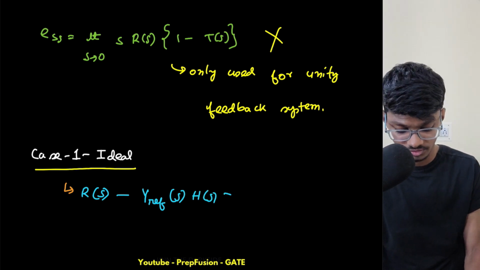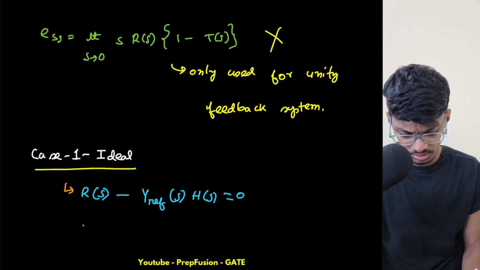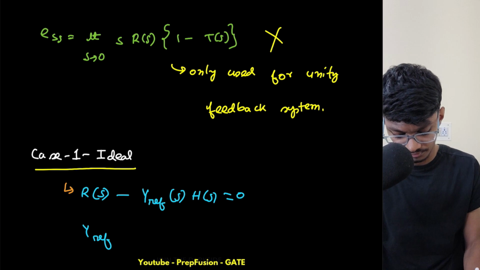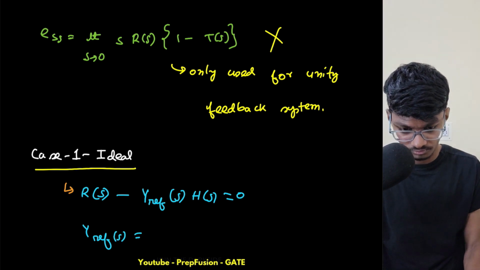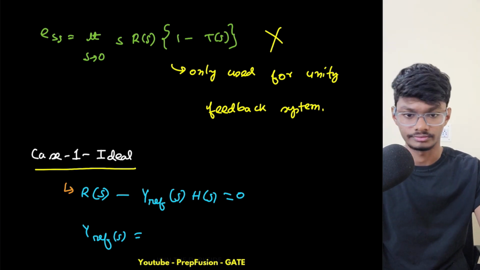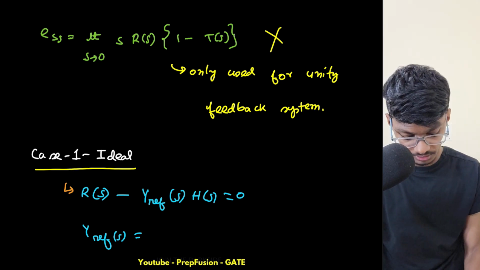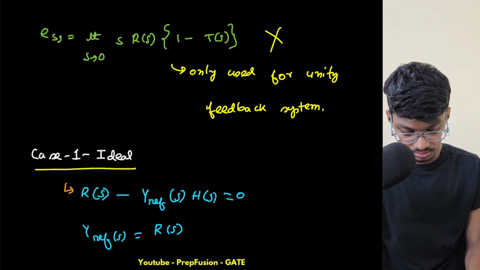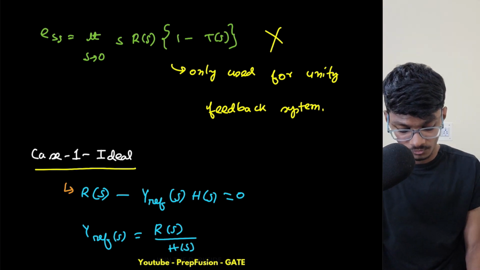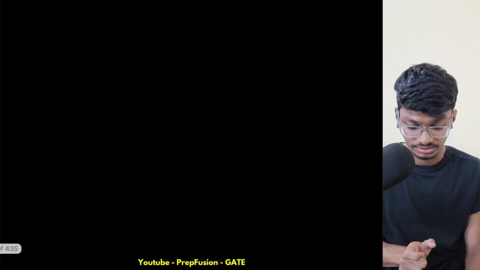I am not putting the value of H of s now, I will put it at the end. So Y reference of s is R of s by H of s. So this is what my Y reference is.